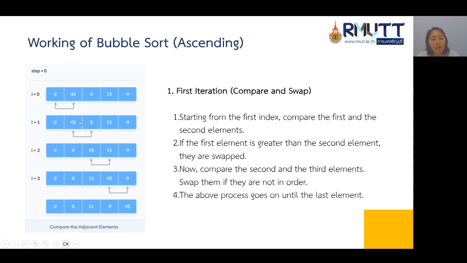And then compare the second and the third element. We can see here 45 is greater than 0, so this needs to be swapped. So now the 0 is on the left and 45 is on the right, becoming the third element.